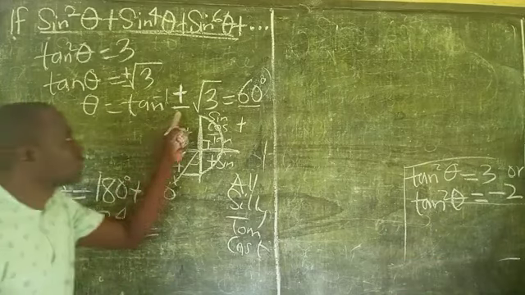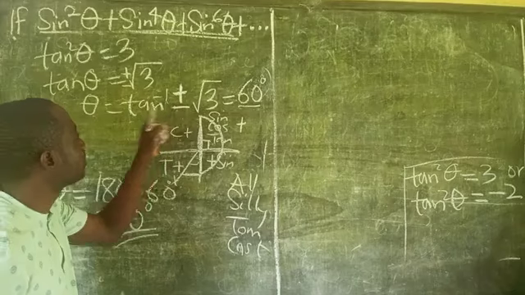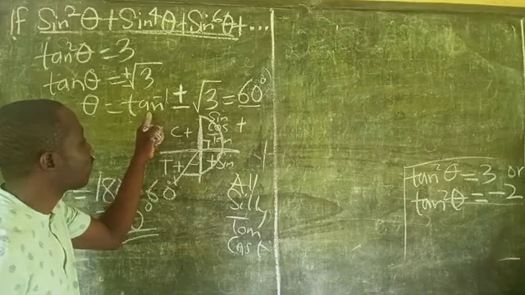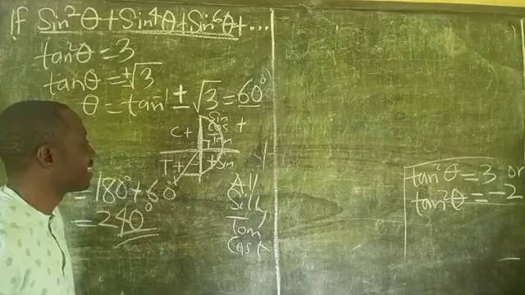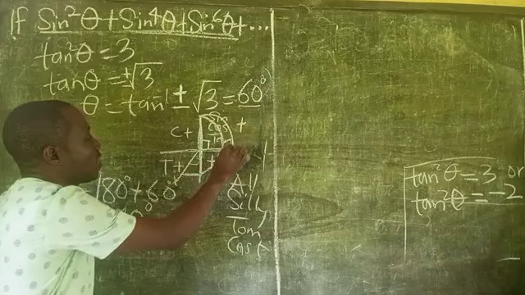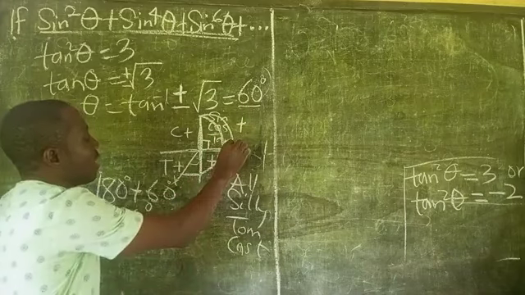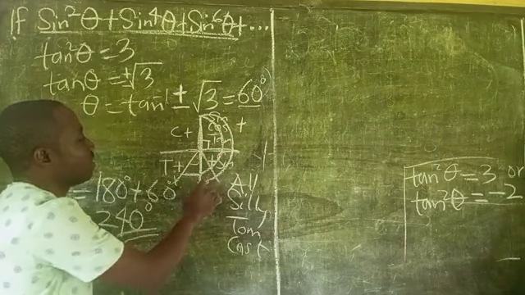And now we're going to consider when theta is negative. So what is tan? Tan is negative in the second and fourth quadrant. So if I'm moving from here to here, this is 90, and up to here is 180. So what would theta be?